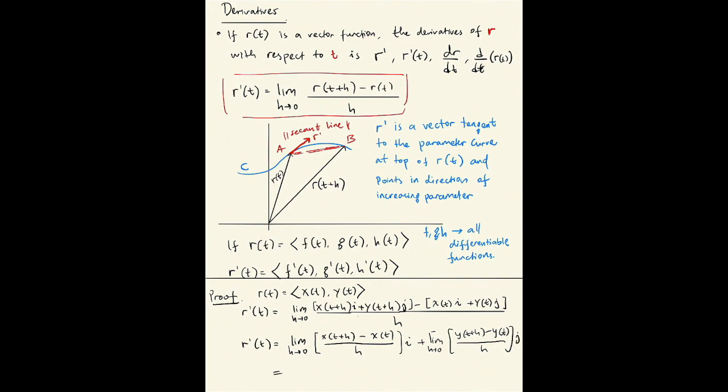So based on our definition of derivatives with limit, we can conclude that this is x prime t i plus y prime t j.